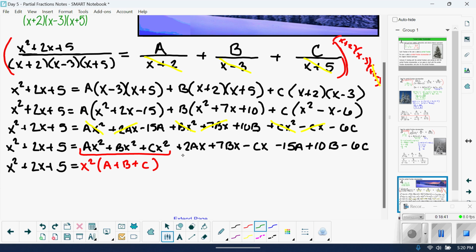And then I'm going to do that with the next set of terms. Those are my linear terms, and I see they all have an x in them. So I'm going to factor out an x, and I get a 2a plus 7b minus c.